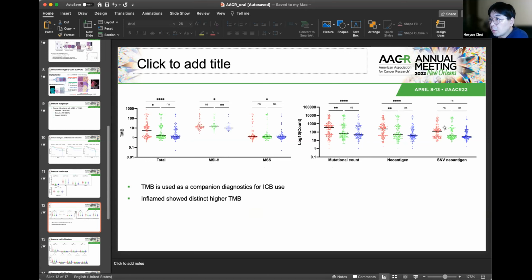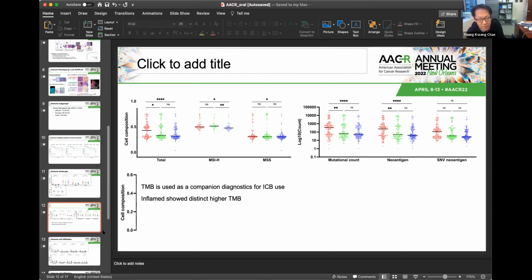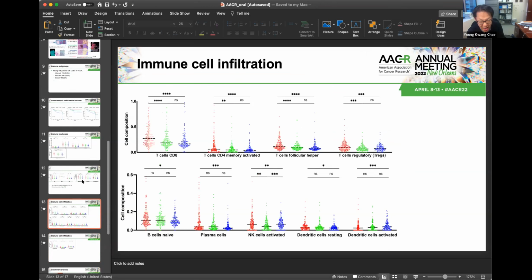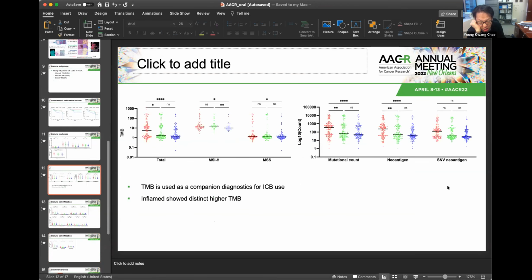But I'm not sure about the results. It looks like there is some statistical significance, but when I did the statistical test, it turned out non-significant. But I'm going to double check this. So tell me the difference between neoantigen and SNV neoantigen.